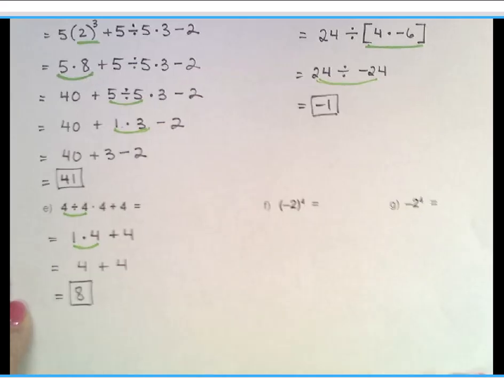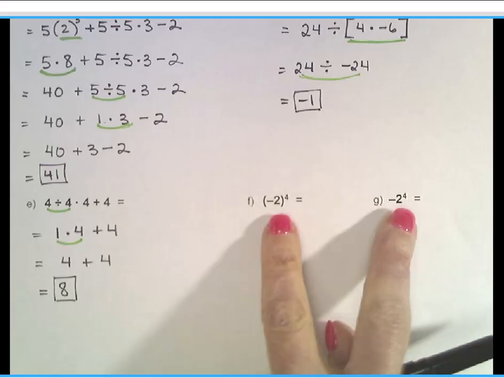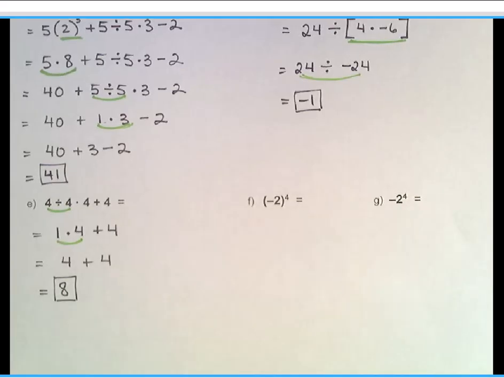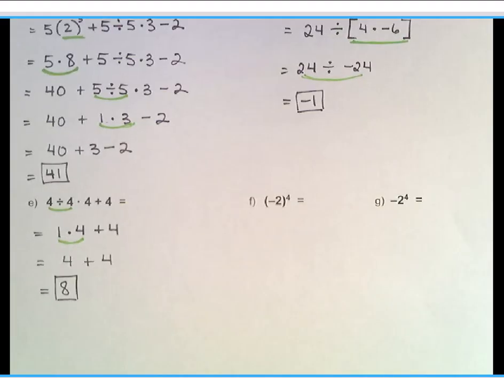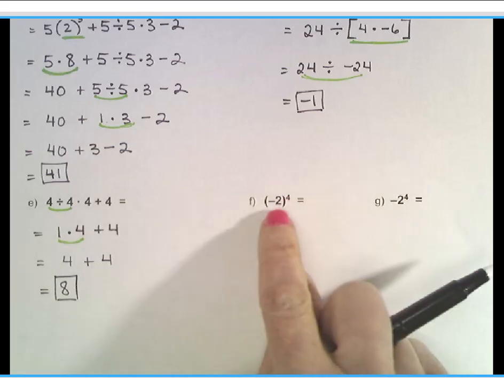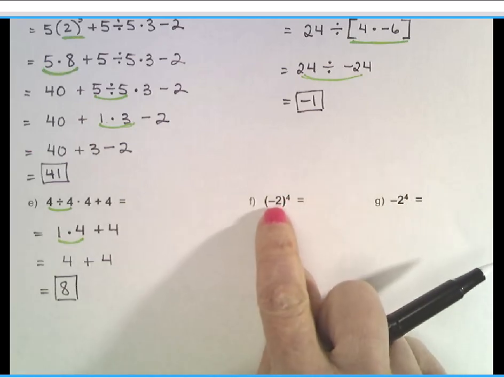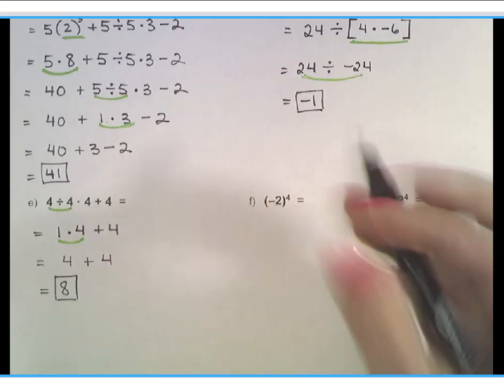All right, F and G I put in here because I want you to understand the difference between how these two problems are worked. One of them has parentheses, the other one doesn't, and it makes a huge difference in the answer. So what's inside the parentheses is a negative number, and it's being raised to the 4th power.